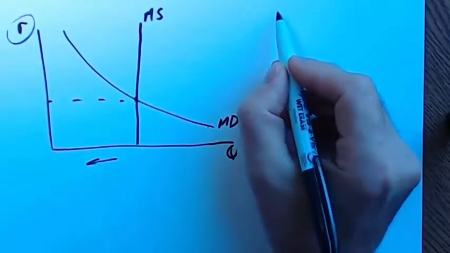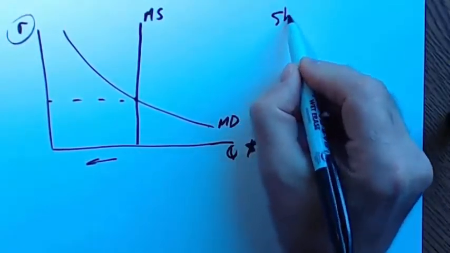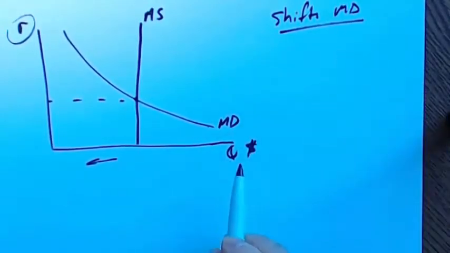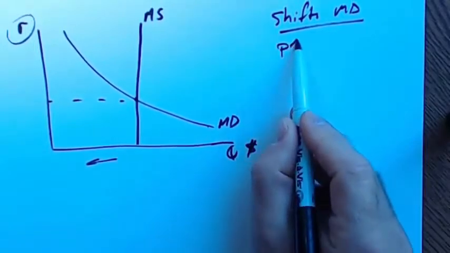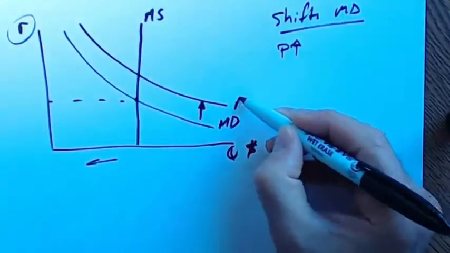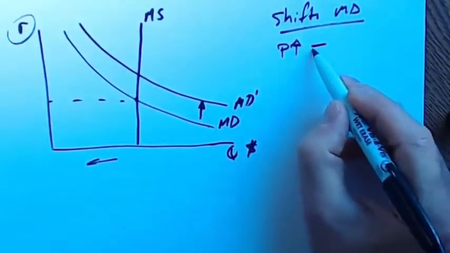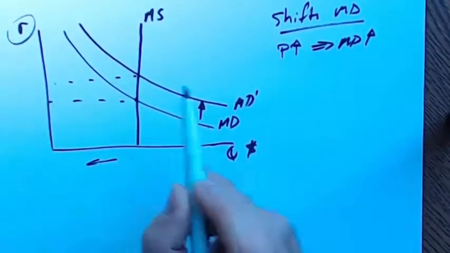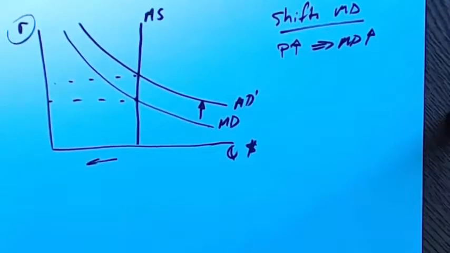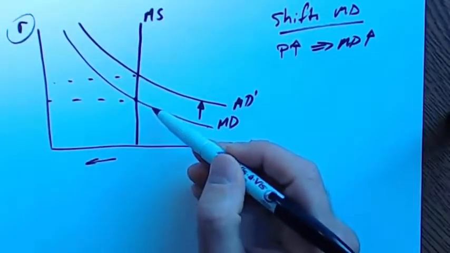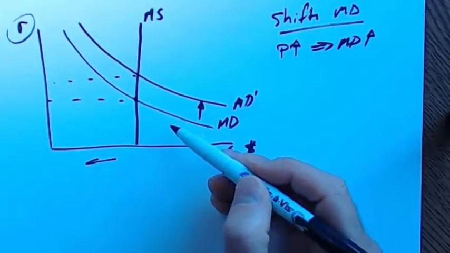Now, we did talk earlier in a previous chapter about the factors that shift MD, the money demand curve. We saw that when the price level goes up, money demand shifts up and we get a higher interest rate, which kind of makes sense, because if the price level goes up in general, we're going to have to hold more cash to transact business.